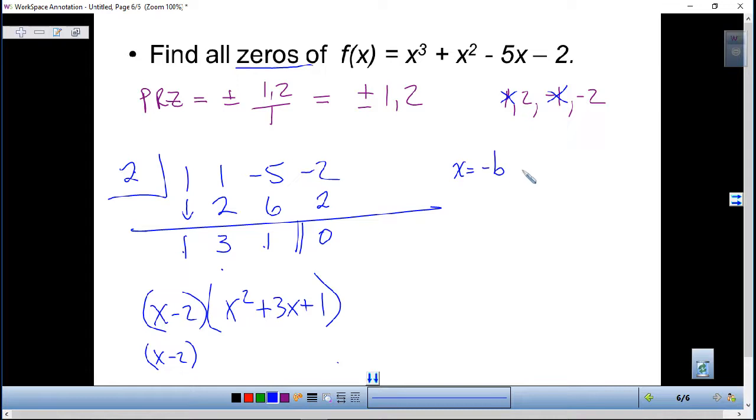And that is negative b plus or minus the square root of b squared minus 4ac all over 2a. Remember, 1 is my a, 3 is my b, 1 is my c. So when we go to solve this, we plug in all that in, we're going to get negative 3 plus or minus the square root of b squared, which is 9, minus 4 times 1 times 1.